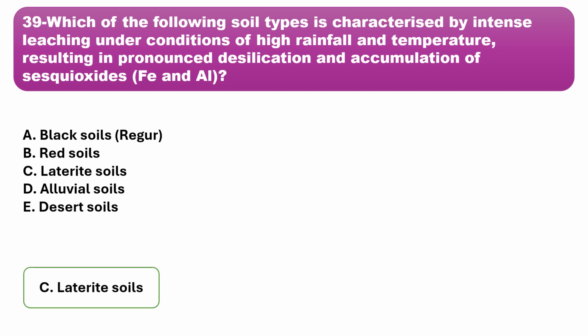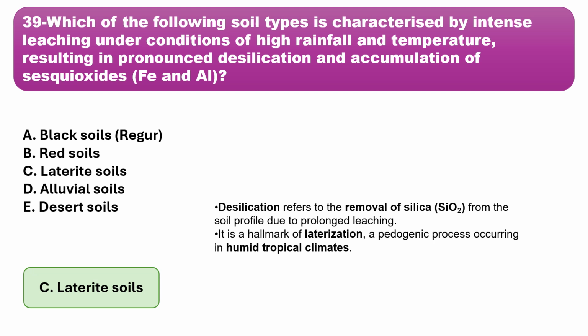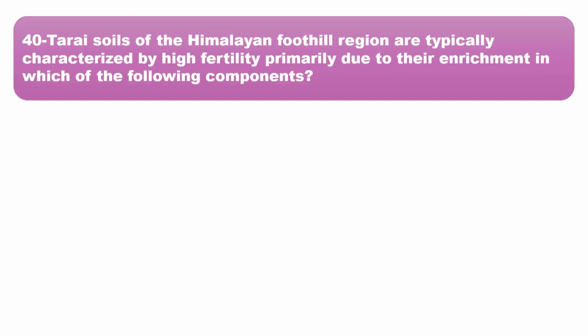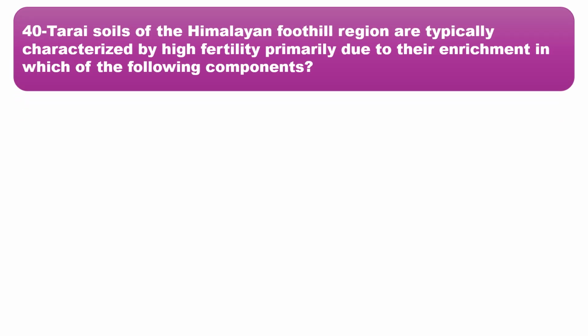Desilication is nothing but removal of silica from the soil profile due to prolonged leaching. It is a hallmark of the laterization process, and accumulation of sesquioxide is also called laterization.